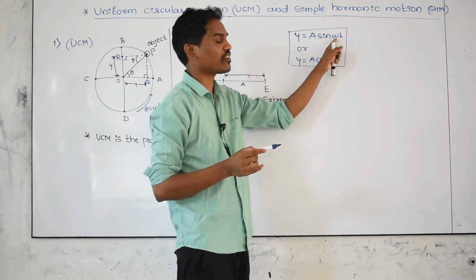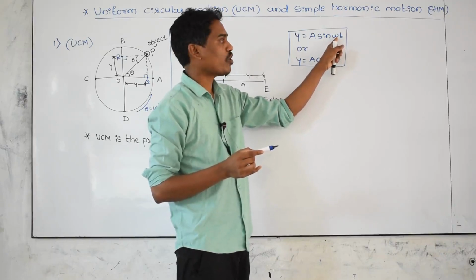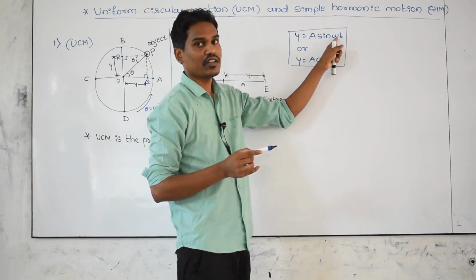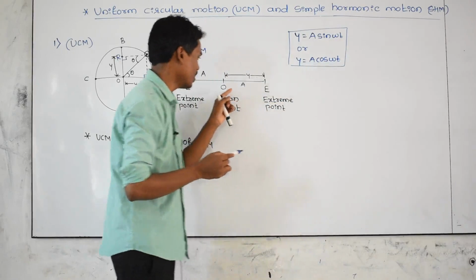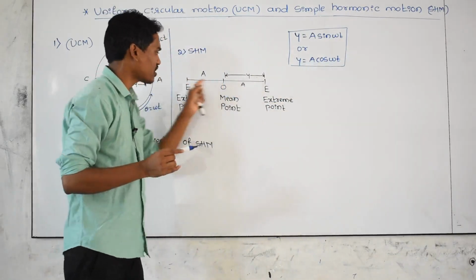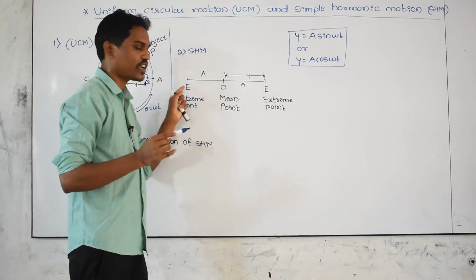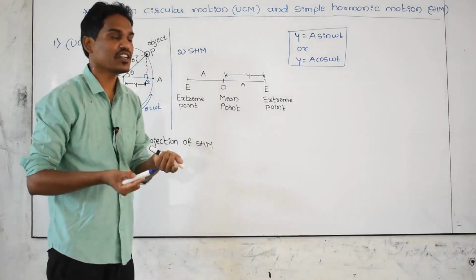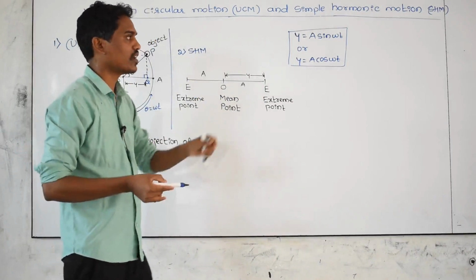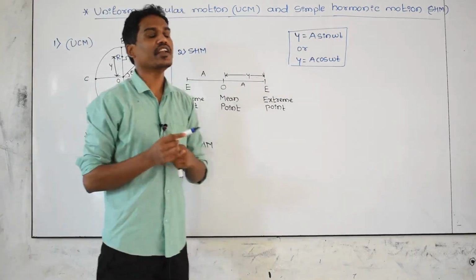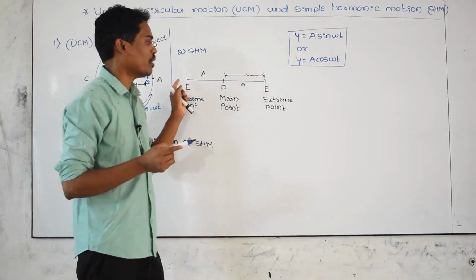Angular frequency, what is angular frequency? It is denoted as ω. We are going to call it the angular frequency. The angular frequency is nothing but the number of cycles. For example, this is 1 cycle, this is 2 cycles, 3 cycles, 4 cycles. The number of complete cycles made by the object in simple harmonic motion is called the angular frequency, indicated as ω.